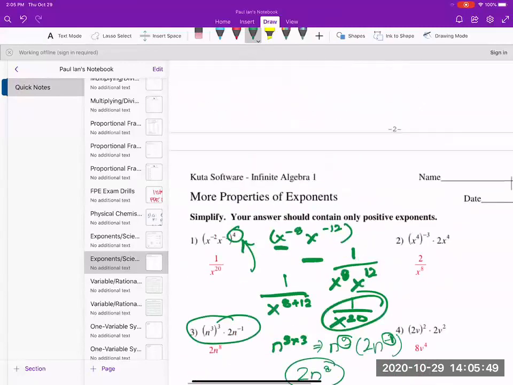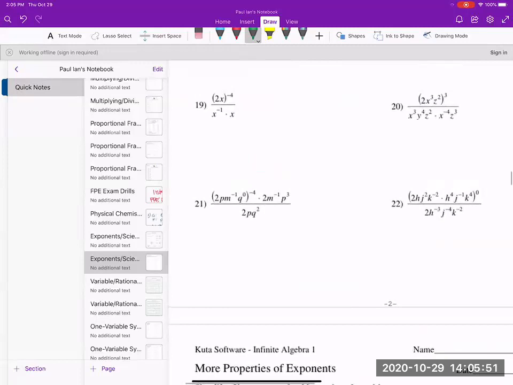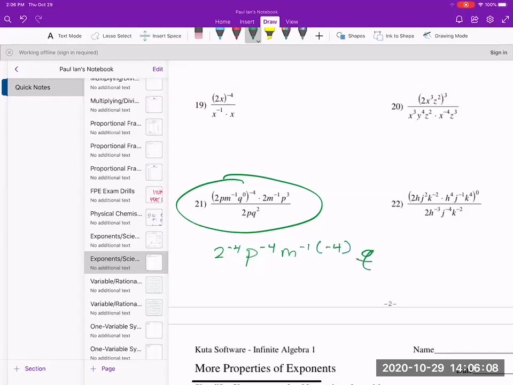All right. Let's do something a little bit harder. Let's try to do this guy. Okay. Multiply the -4 to all of them. Okay, 2 to the -4. Yeah, this is good. So p to the -4, m to the -1 times -4, q to the 0 times -4.